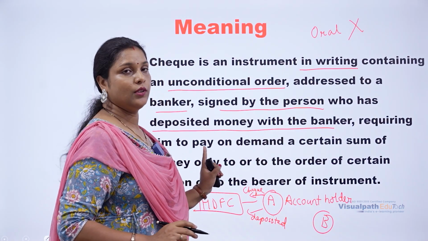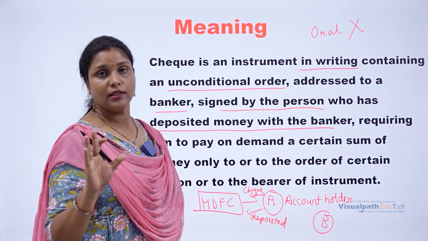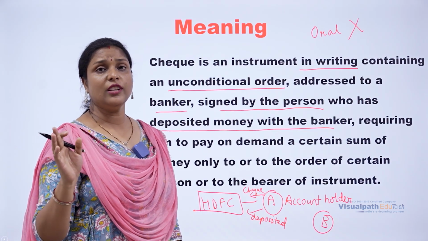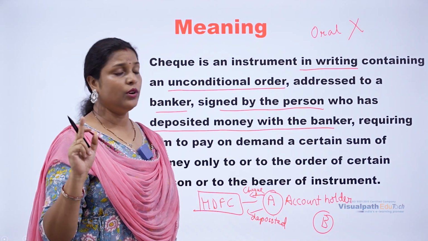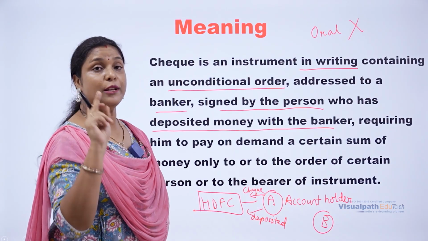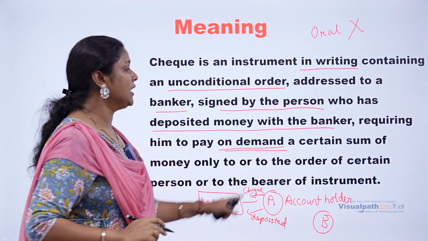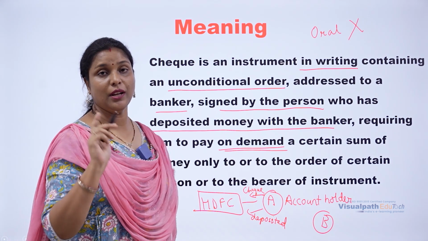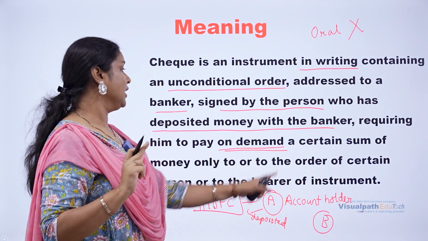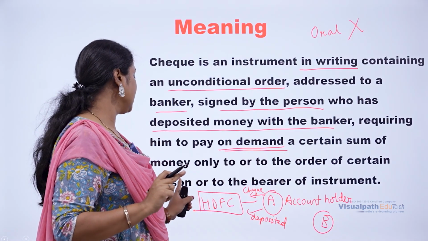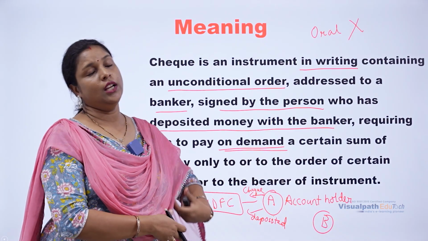of money. Whenever A demands, it's not that SDFC can debit the amount or give the cash to someone anytime. No, on demand, whenever A is demanding a certain sum of money, the money also has to be mentioned clearly. A certain sum of money only to, or to the order of, a certain person or to the bearer of the instrument.